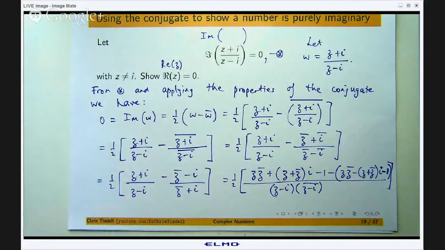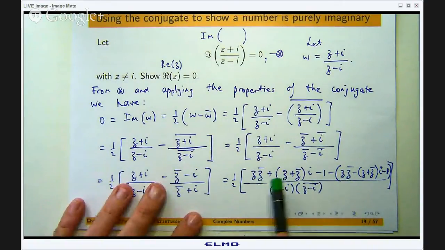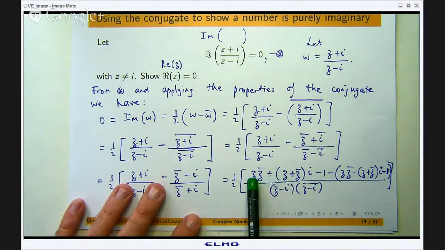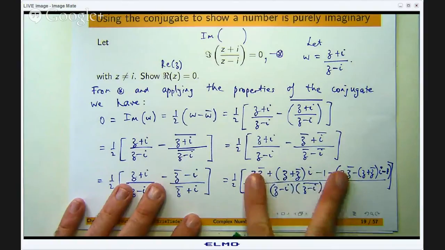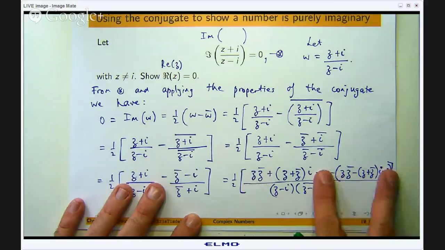Okay. All right. So it looks like a bit of a mess now, but if you carefully look at each term, you can see you're going to get some cancellation. So the Z bars are going to cancel. There's a -1 there. I'm going to get a +1 in there, so they'll cancel.